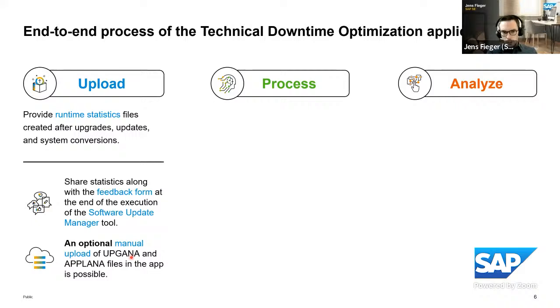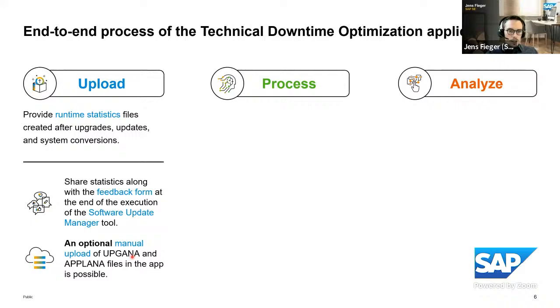There's not only the UPG-ANA, the upgrade analytics file generated by the SUM. If we are talking about a system conversion, the conversion process as such generates a file that is called APPL-ANA.